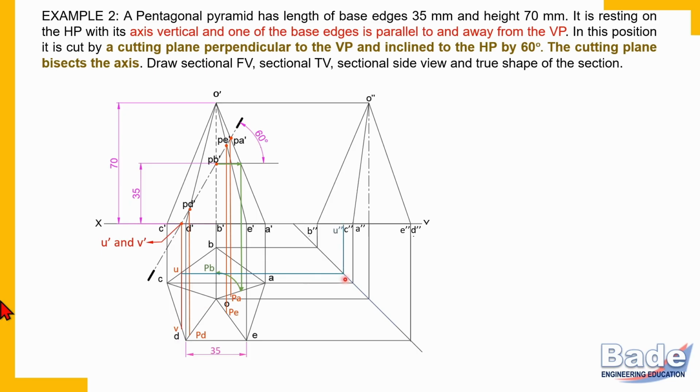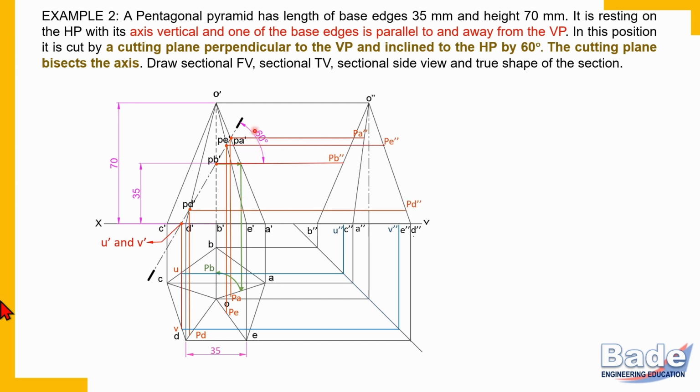So this is how we have transferred U double dash and V double dash. So we have transferred points U and V from front view to top view to side view. Now the remaining points, all these P points, we can easily transfer in the side view: PA, PB, PC, PV, etc.